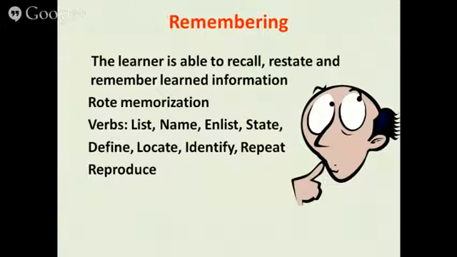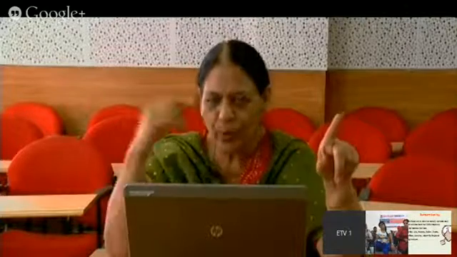He can repeat those 3 advantages when a question is posed in the classroom or given in the examination. So once the student has to simply enter into rote memorization rather than understanding of the subject, those objectives fall at the level of remembering.